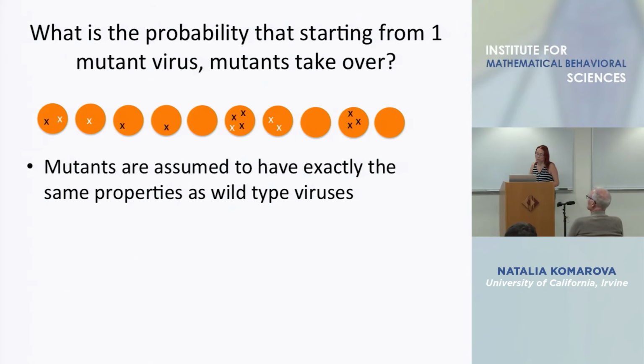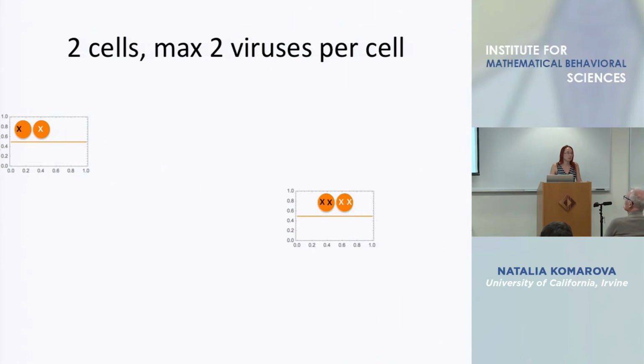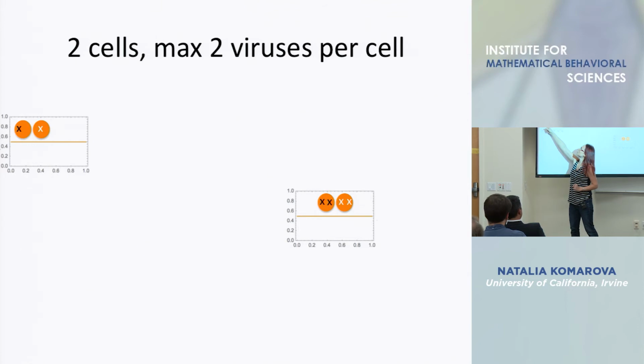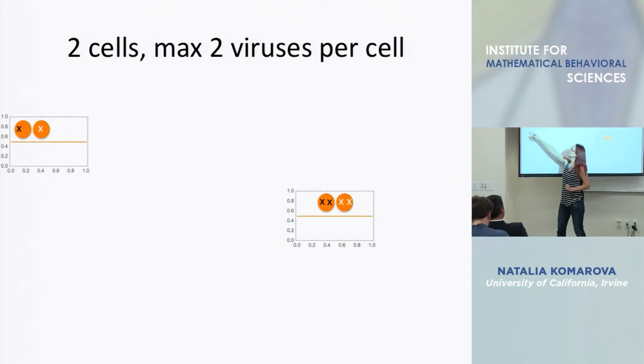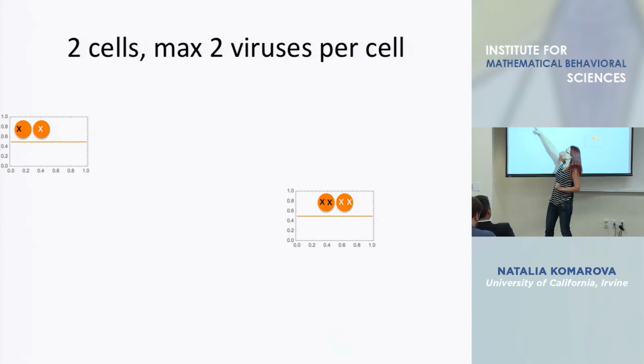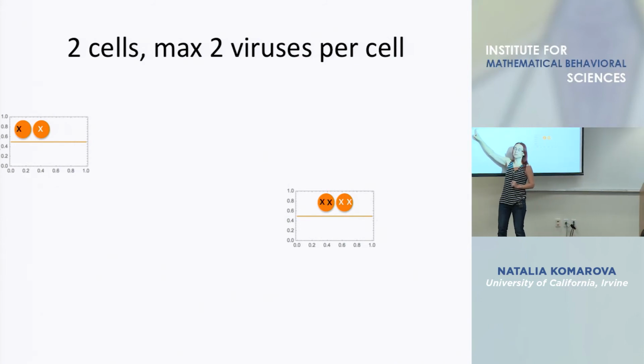Okay, so if you solve a toy problem with only 2 cells, it turns out that everything depends on the initial condition. If the initial condition is normal virus in this cell, mutant virus in that cell, the probability of mutant dominating is exactly 1/2. This is a function of infectivity.